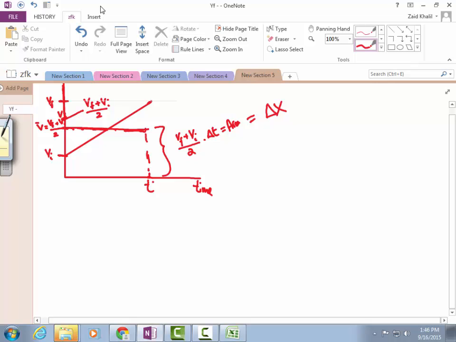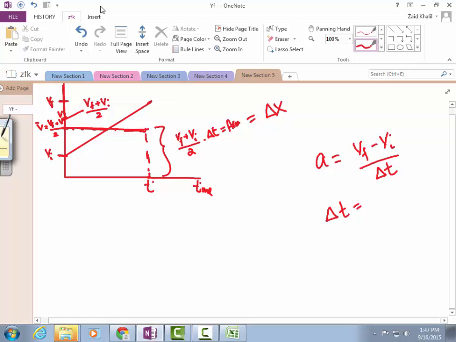So now what can we do? Well, consider this. For uniformly accelerated motion, the average velocity is equal to the instantaneous velocity. In other words, A is equal to (VF minus VI) over delta t. Correct? So I'm going to rearrange for delta t.